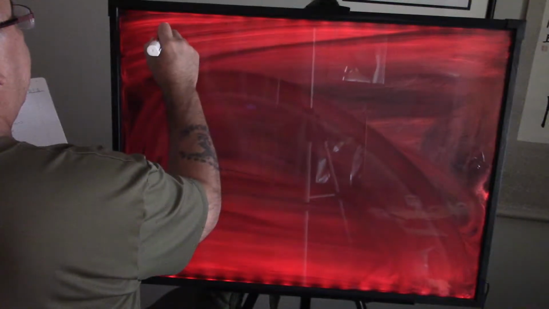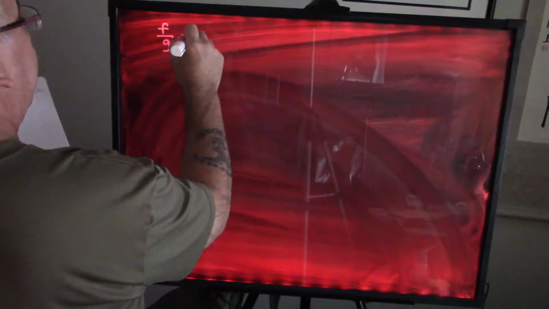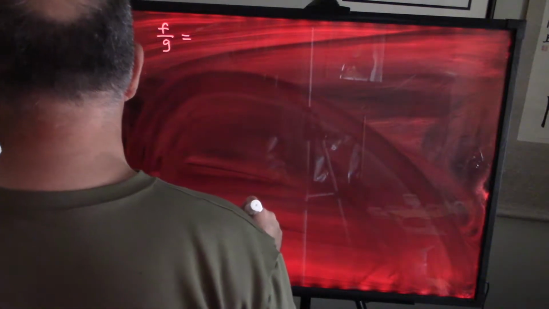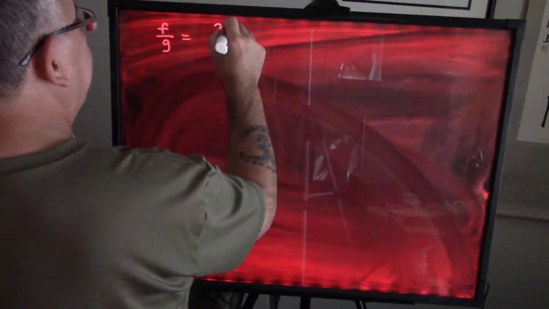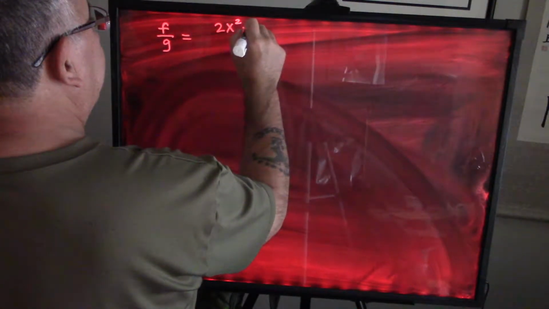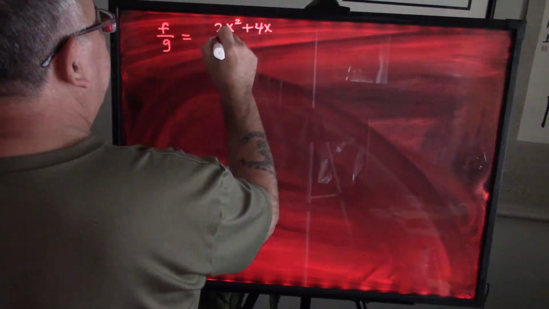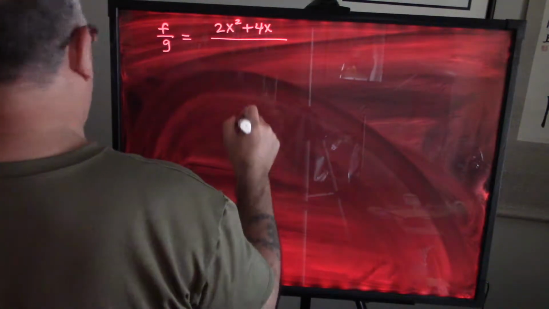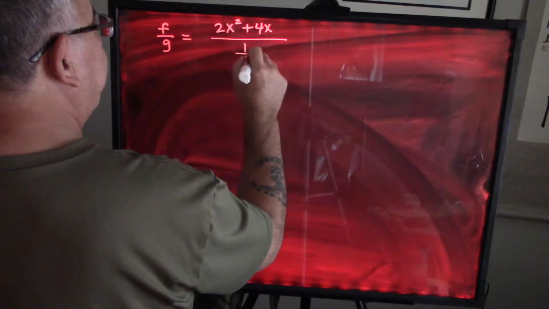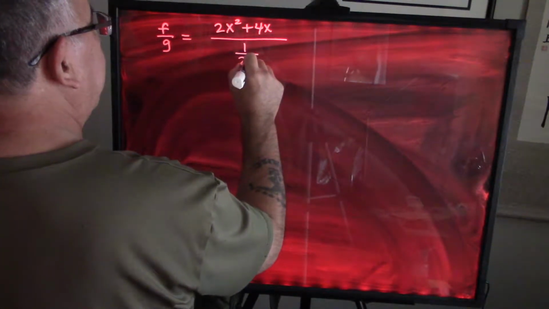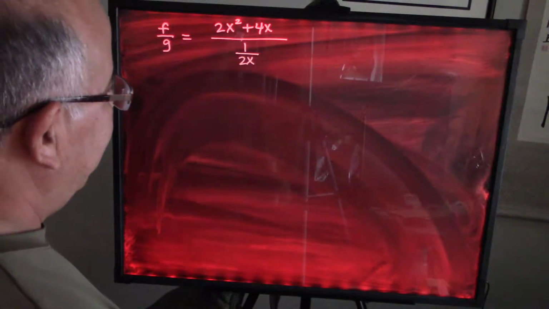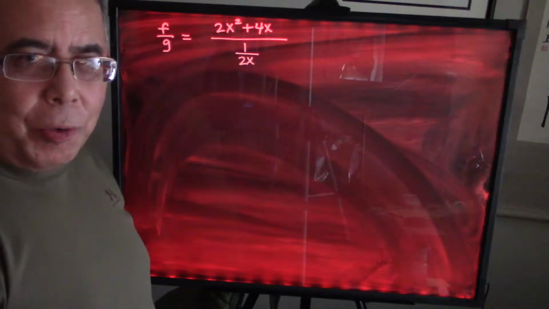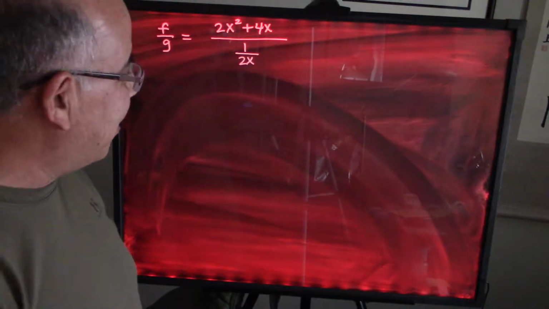Okay, let's do f divided by g. So we've got 2x squared plus 4x over 1 over 2x. Now, let me discuss a little bit about the domain before we get to that part.